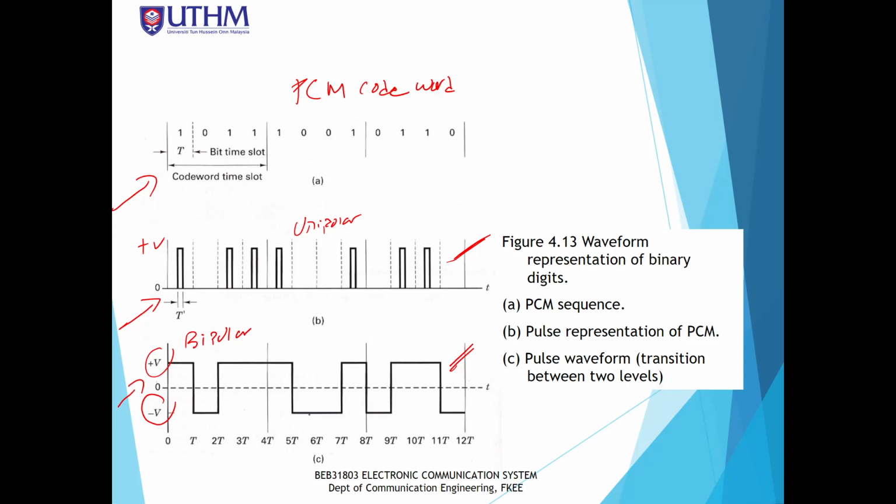Okay. So this is different from the analog. Remember, in analog waveform, we have infinite shape. So now in digital waveform, we have two types, unipolar or bipolar, where it only has two states, logic 1 and logic 0 only.